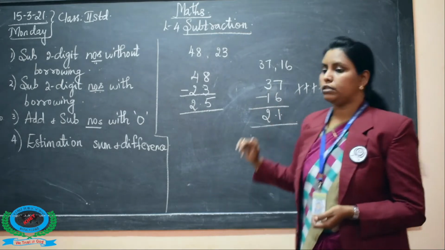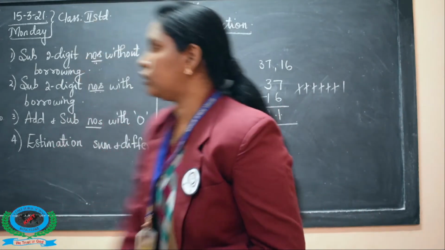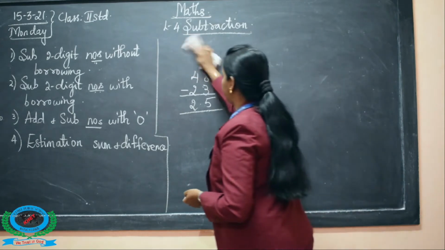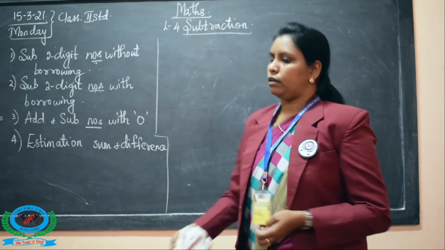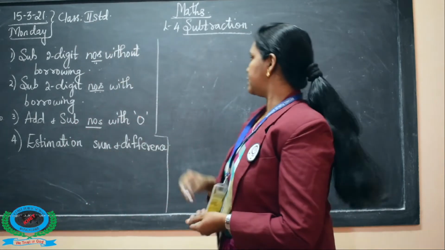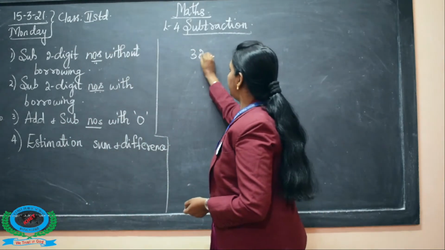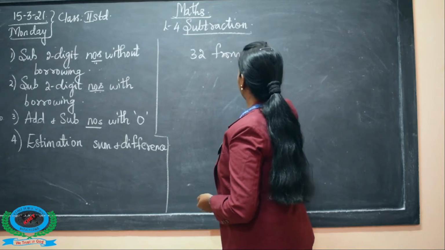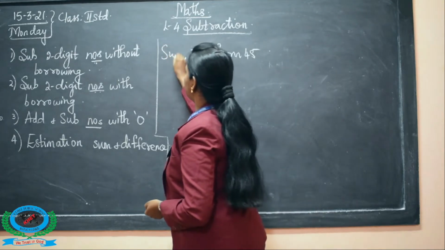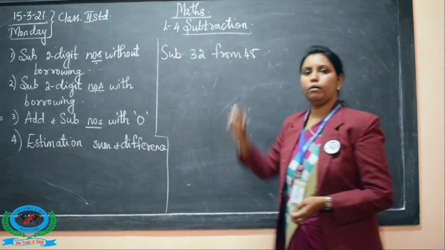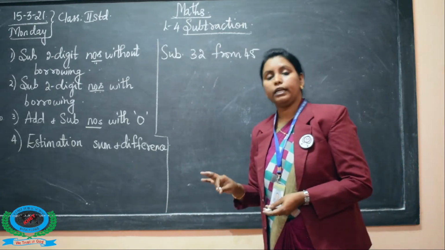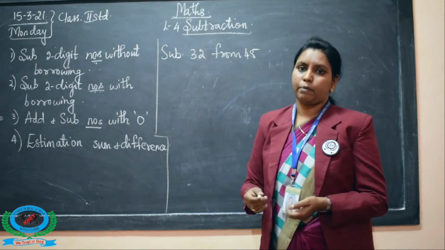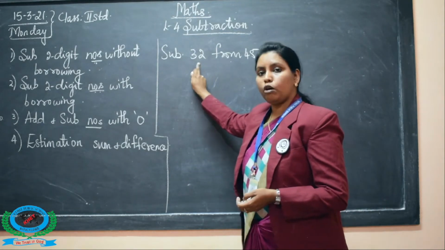So now we will see what is this subtraction of 2-digit numbers with borrowing. For that there is an example: subtract 32 from 45. Clearly they have given what you have to subtract and from what you have to subtract it. So 32 is a smaller number.